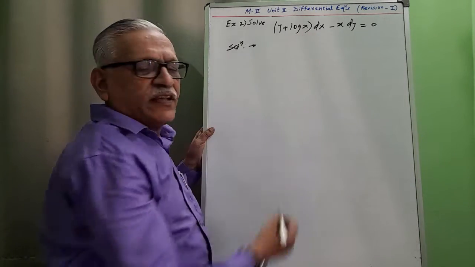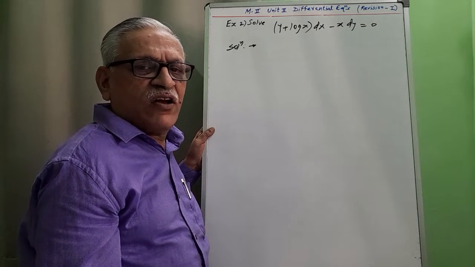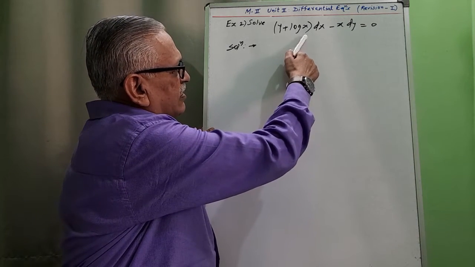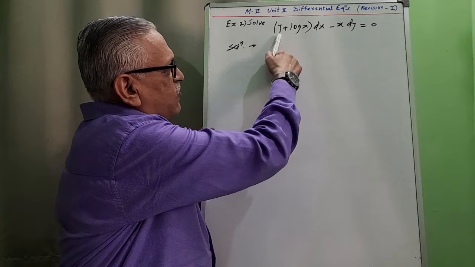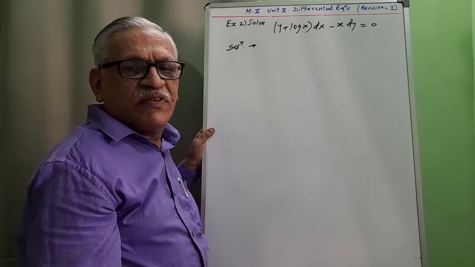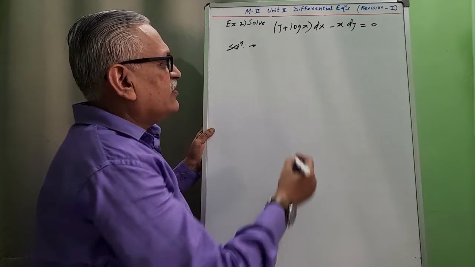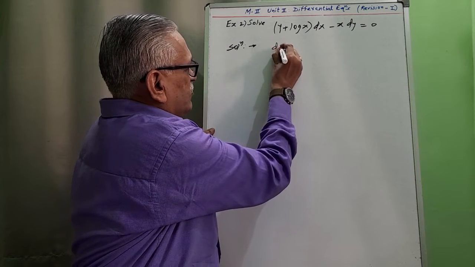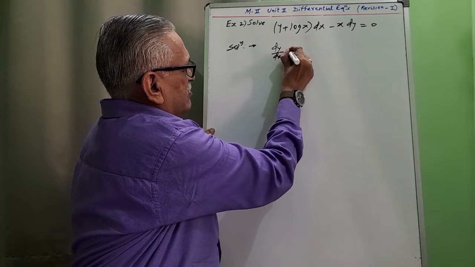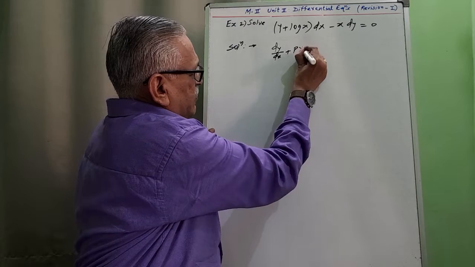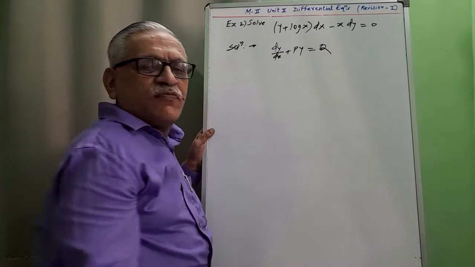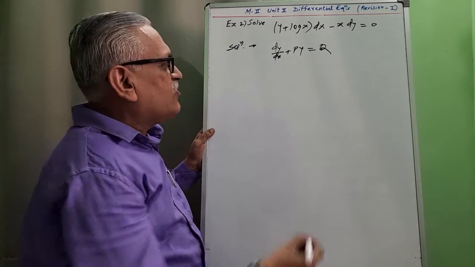Then we think whether it is linear in y or linear in x. There is only one term of y whose degree is 1, which means it is linear in y. We have to rewrite it in the form dy/dx + Py = Q, the general form of a linear differential equation in y.